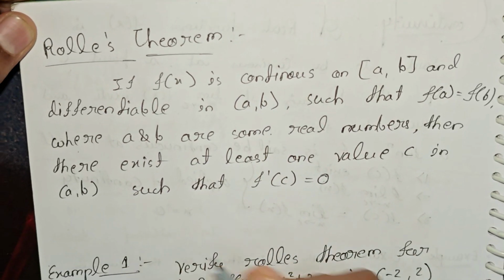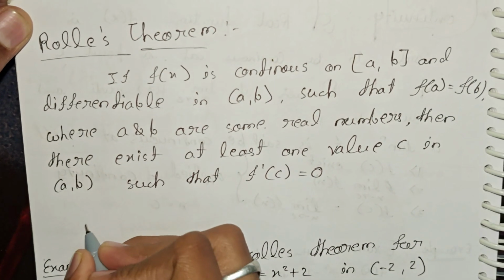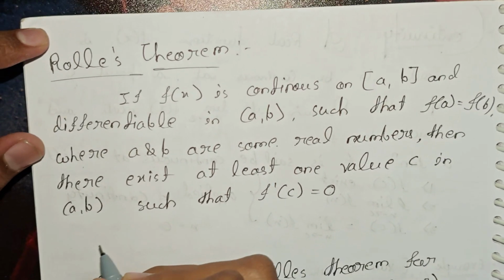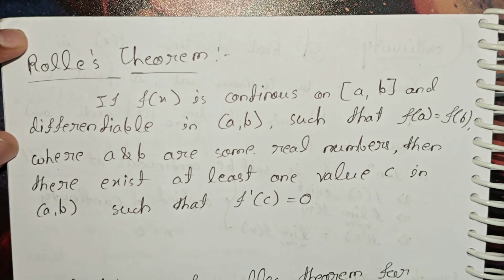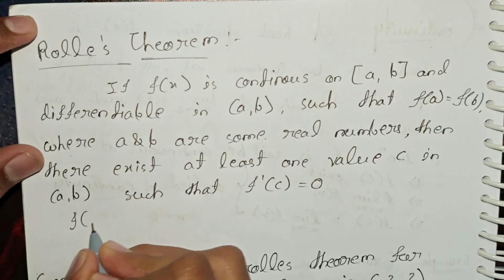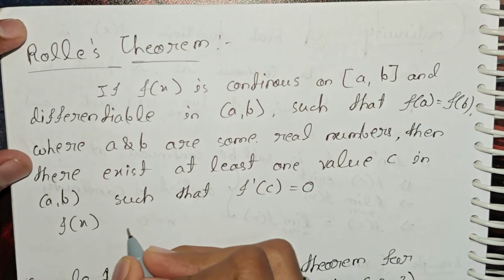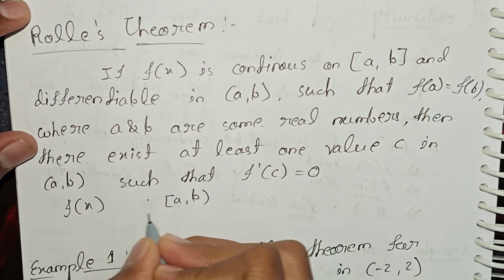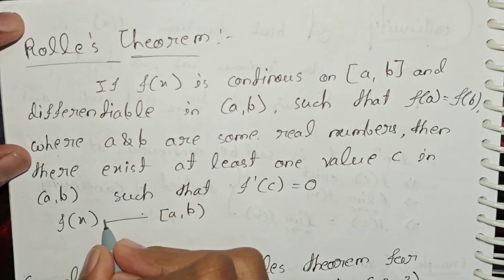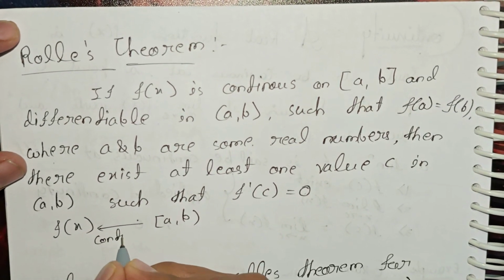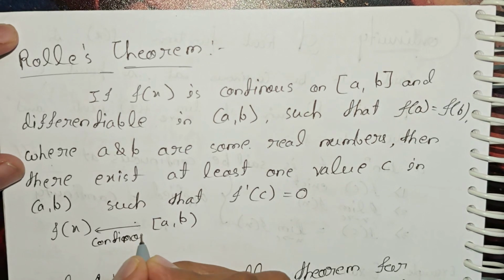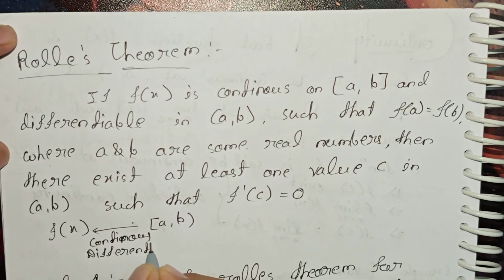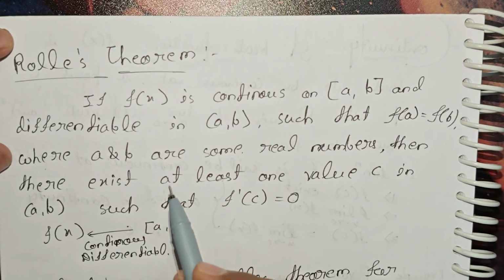So the meaning of this statement: the theorem is talking about the function f of x. f of x is continuous on [a, b], and also it is differentiable in (a, b).